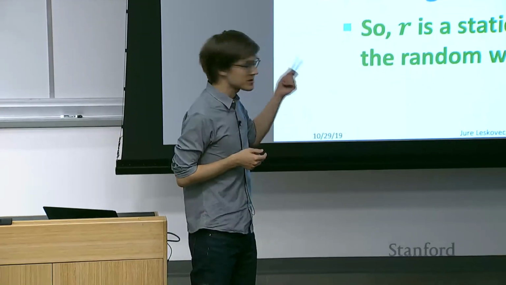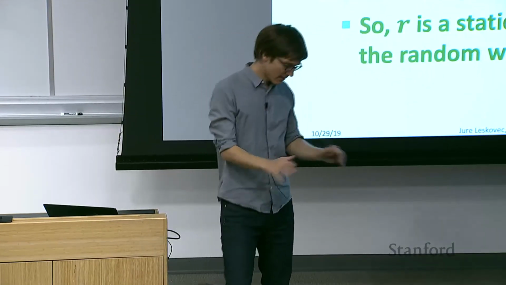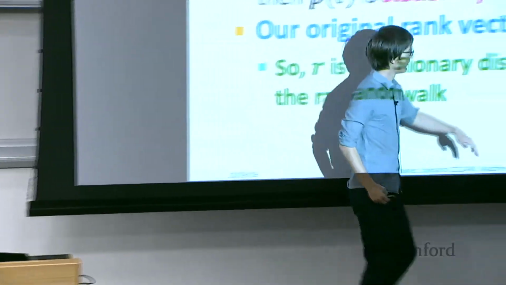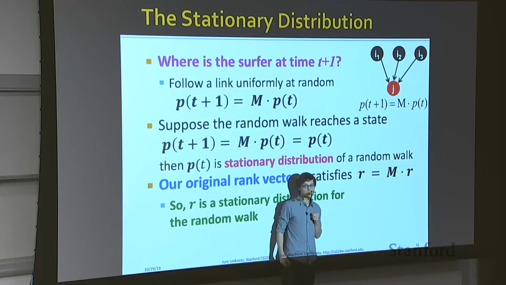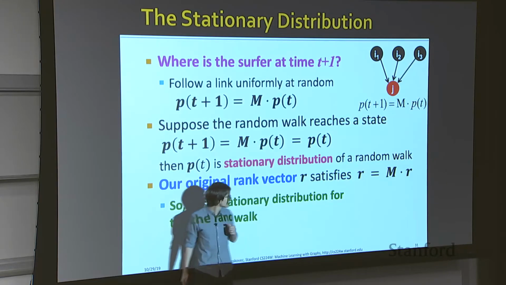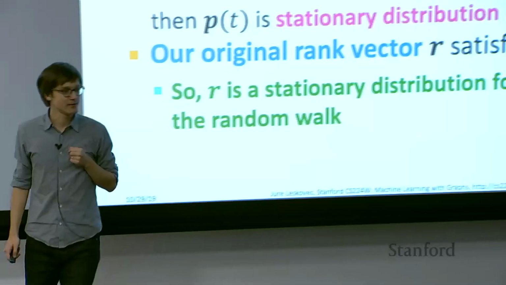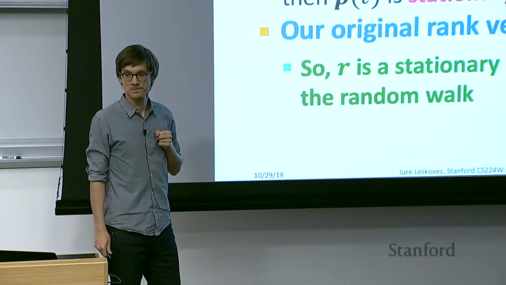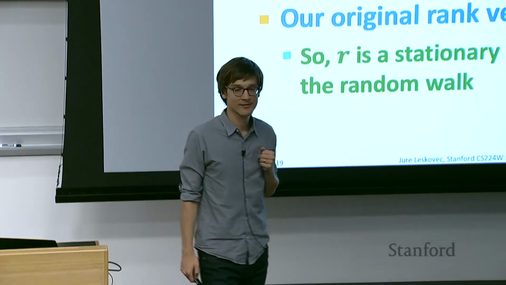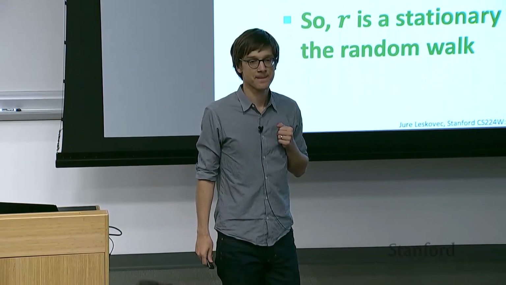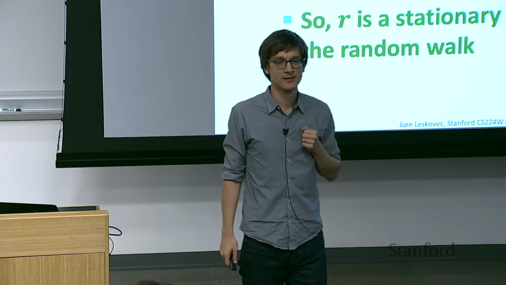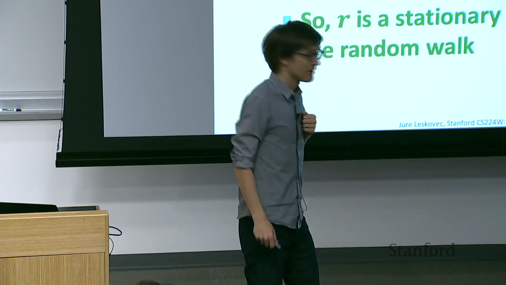I want to take some questions because this is very important, because it builds this fundamental intuition for the linear algebra we did. So now it's a great time to ask me questions. Yes, go ahead. What if the surfer's preferences change over time? Does this algorithm catch that?